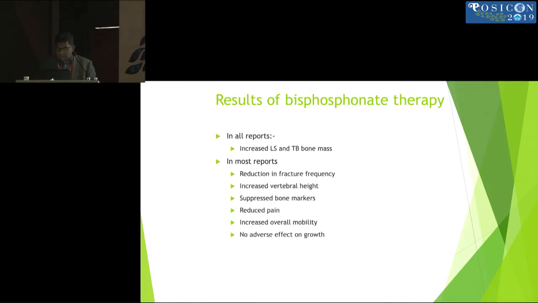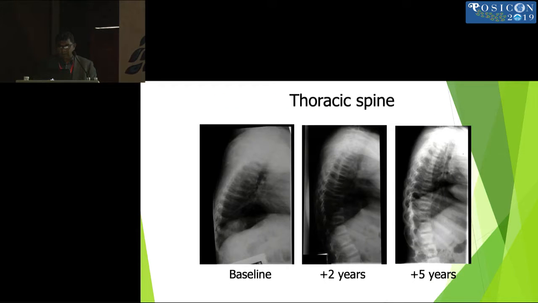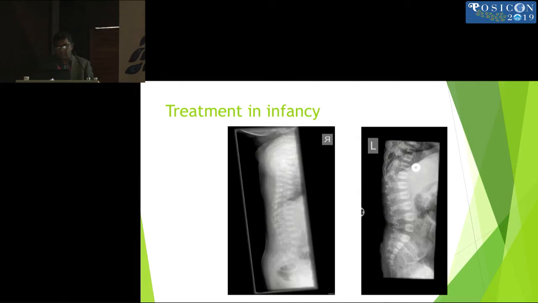This is the same slide depicting the same effects. So if you look at these X-rays, this is a child at baseline. You can see collapsed vertebrae, and after bisphosphonates, the spine looks better, and in the subsequent follow-up at 5 years, it looks almost near normal.